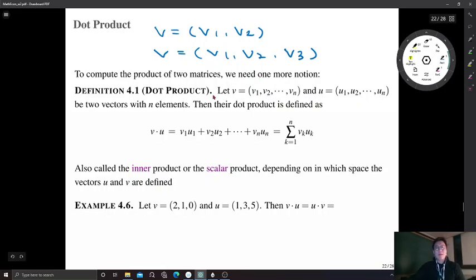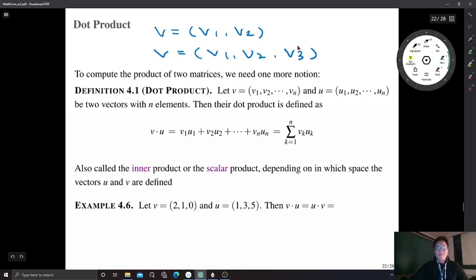Then if we define vector v in a general n-dimensional space, it becomes an ordered n-tuple. We have one vector v and another vector u, which also has n elements. Then the product, called the dot product, tells us how to multiply two vectors.